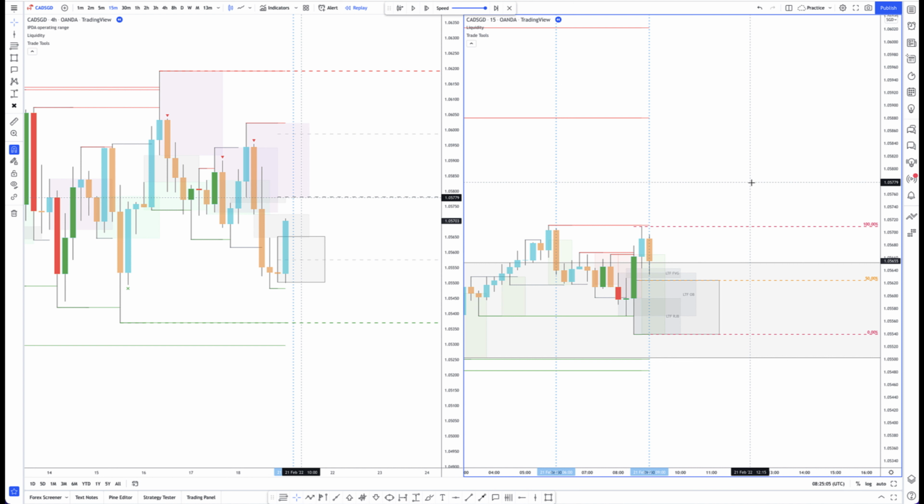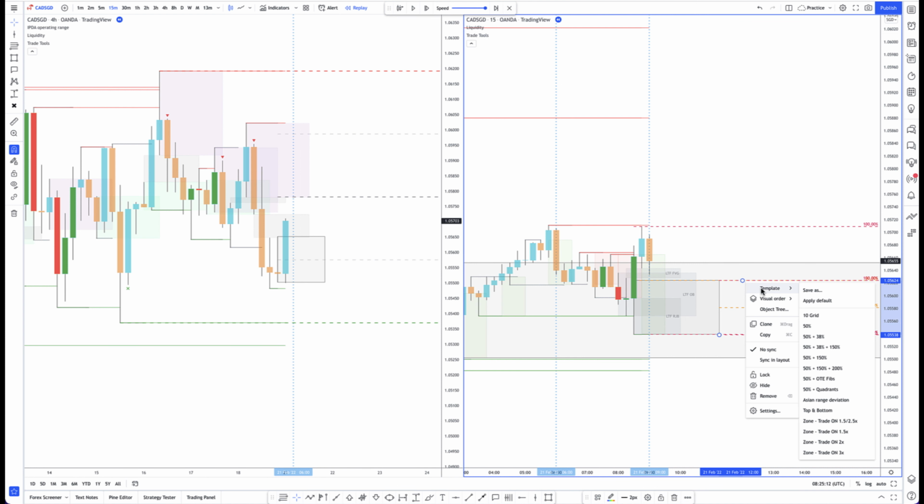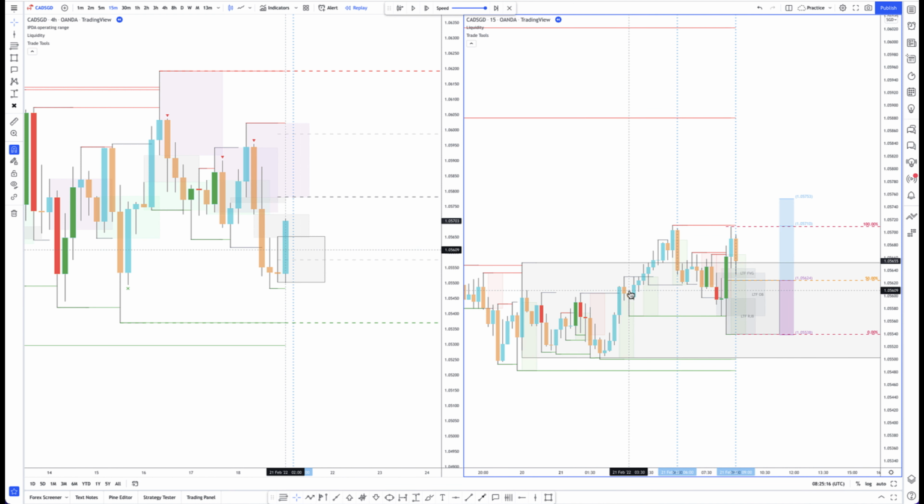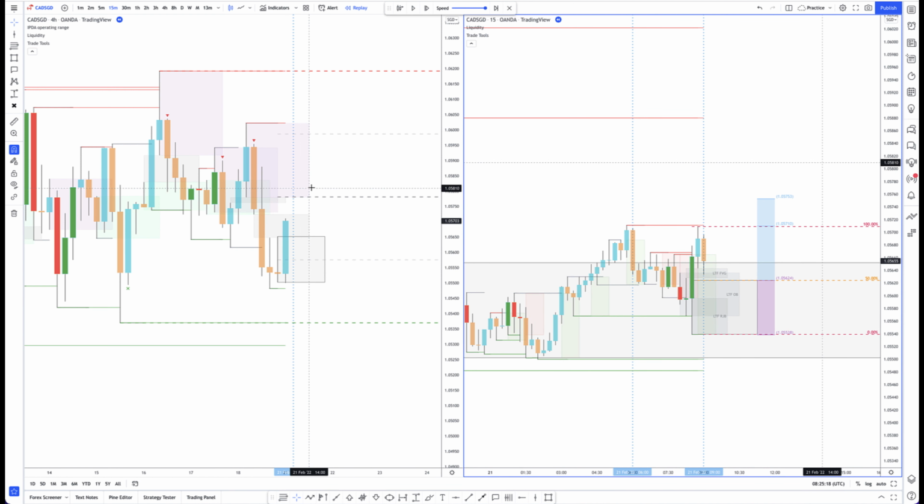Alright, let's do this. This looks like an okay trade to me. Set up our risk reward. Okay, let's do this.